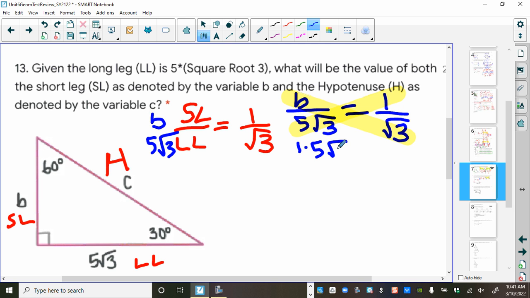You just have 5 square root of 3. And can we also say 5 square root of 3 is the same as 5 times square root of 3? Okay. And then over here, you have B times square root of 3.